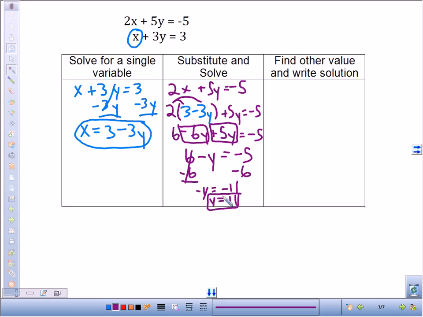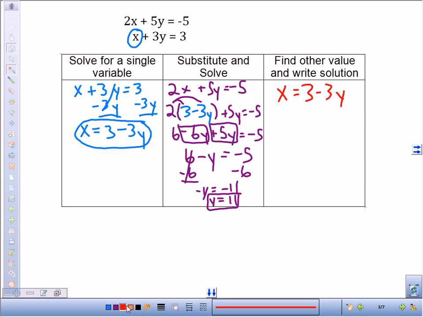Now what that means for us is that since I know that y equals 11, I can take y and plug it back into the equation I got from step 1 and get the number for x. So I'm going to start by rewriting the equation from step 1: x equals 3 minus 3y.